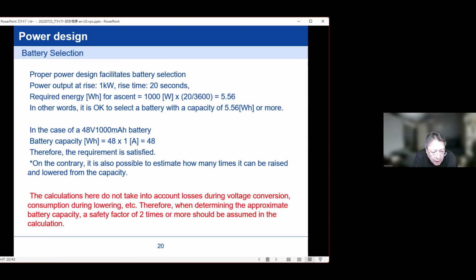So we have done the rough design calculation here, but things like losses during voltage conversion and consumption during operation are not included in the calculations. So basically, we look at the battery capacity and select it based on a safety factor of 2. And so basically, I think it is reliable.